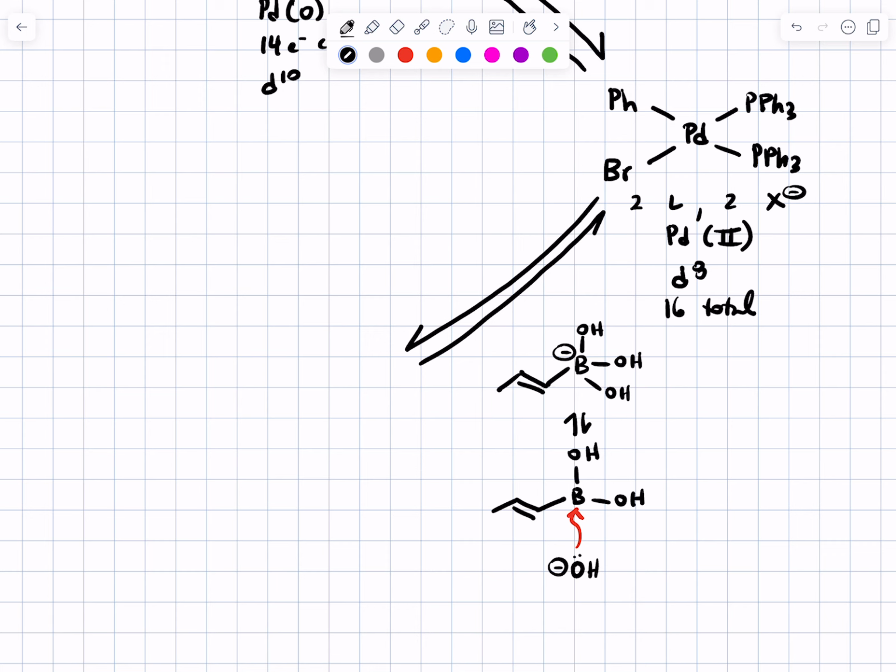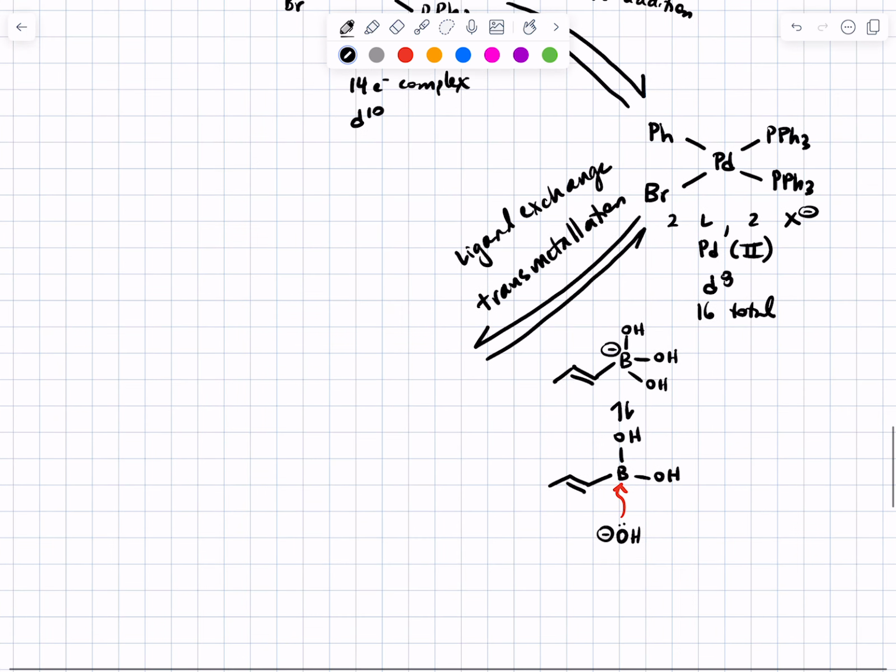The next step of the reaction is called transmetallation, or you could call it ligand exchange. We don't need to push arrows for the reaction. I'm going to simply illustrate what happens.